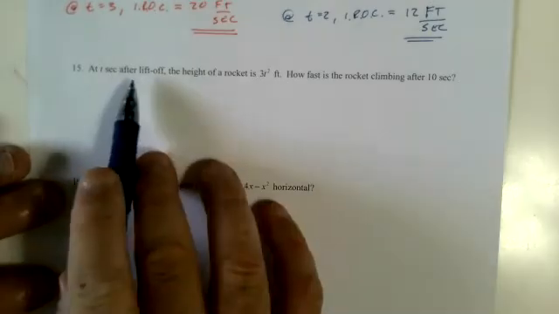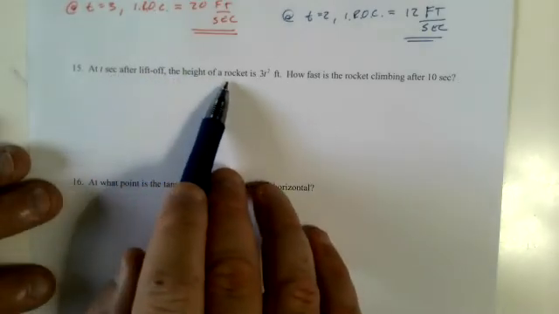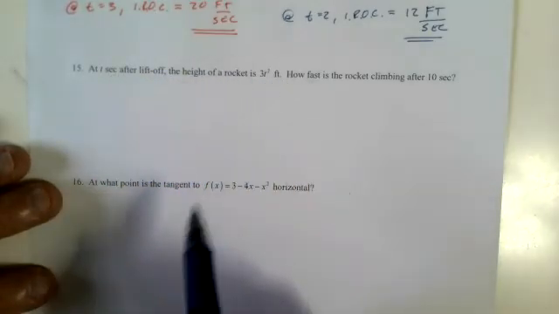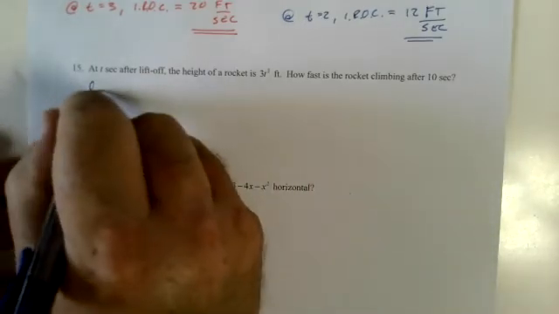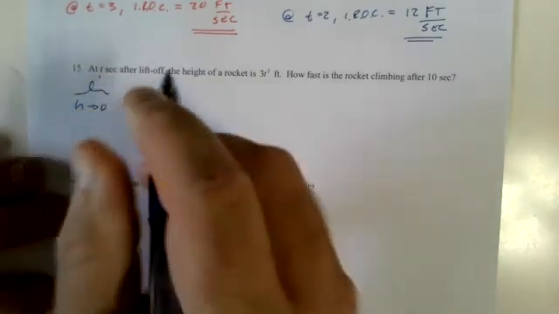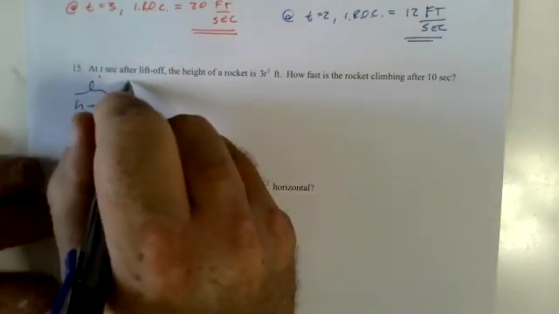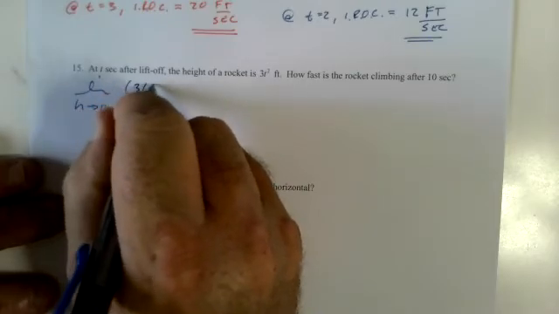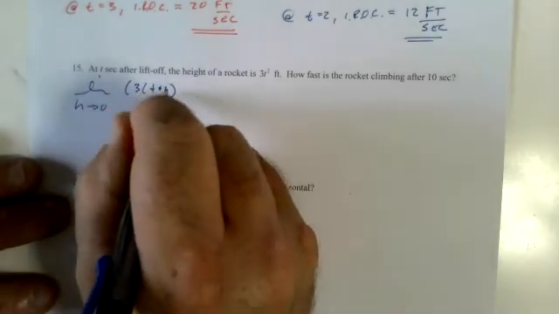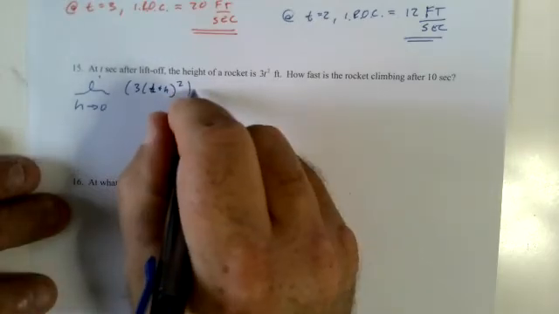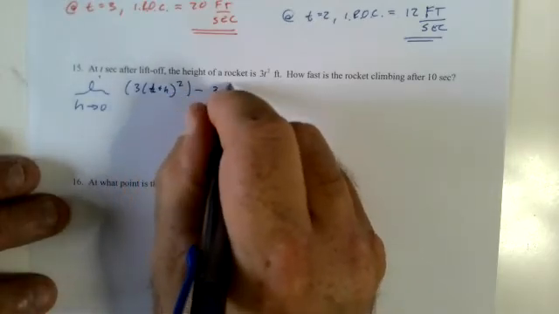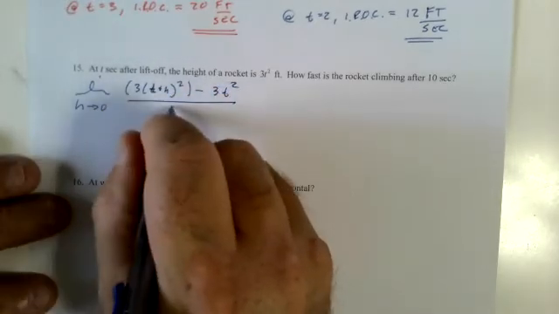All right, at t seconds after liftoff, the height of a rocket is 3t squared feet. So back we go again. Limit as h approaches 0 of 3t plus h squared minus 3t squared over h.